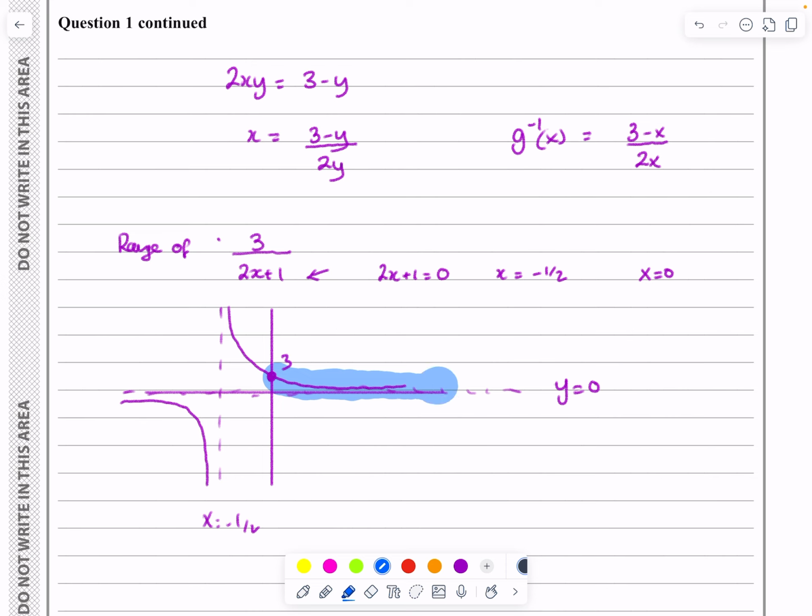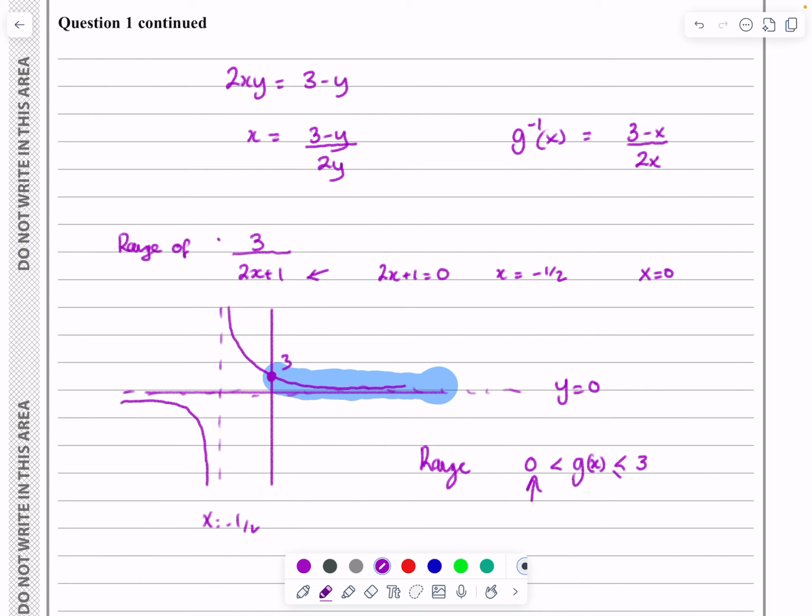So the range of the original one, way too much time on this, but the range of the original one would have been g(x) is between 0 and 3. Now it is equal to 3, it's not equal to 0 because obviously it's an asymptote there.